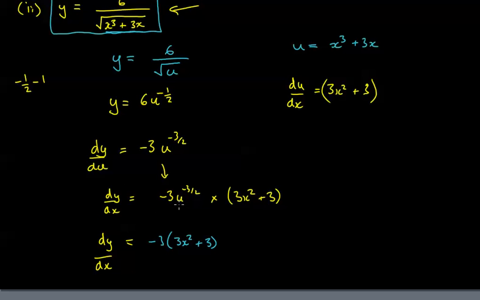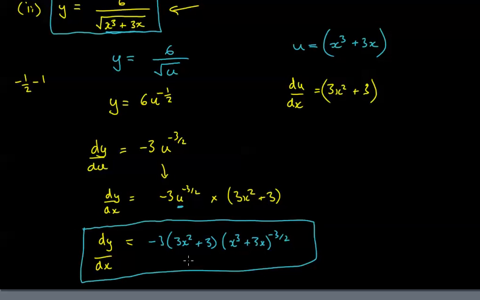Times, okay, I'm just going to do this in one go. That u I'm going to replace with this, because u is x cubed plus 3x. So new bracket, x cubed plus 3x to the power of minus 3 over 2. And there you go.